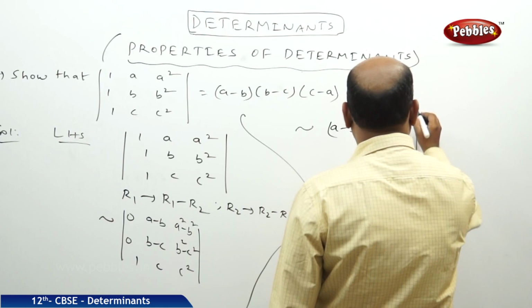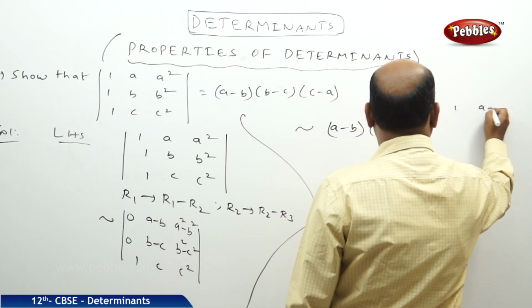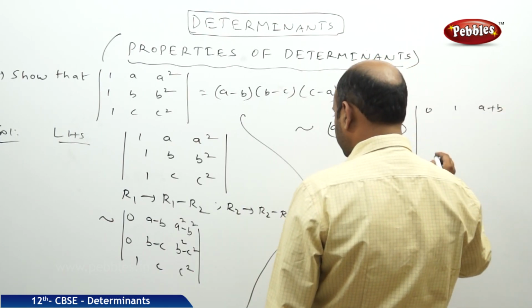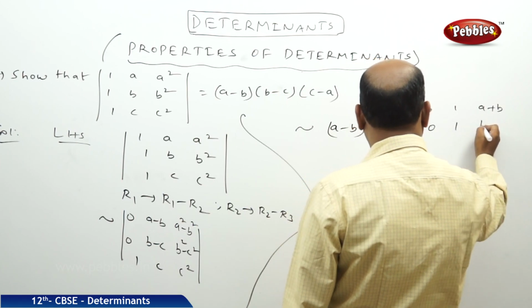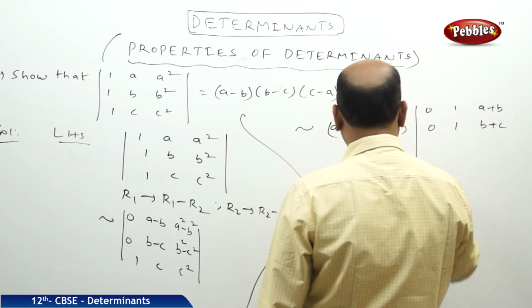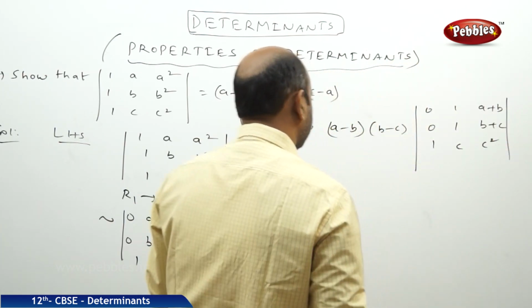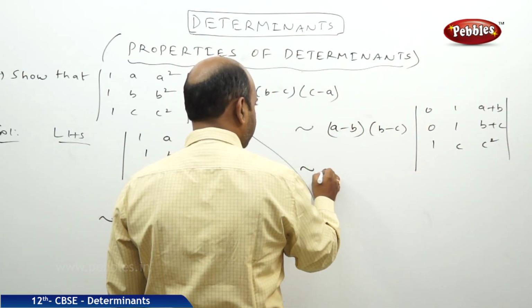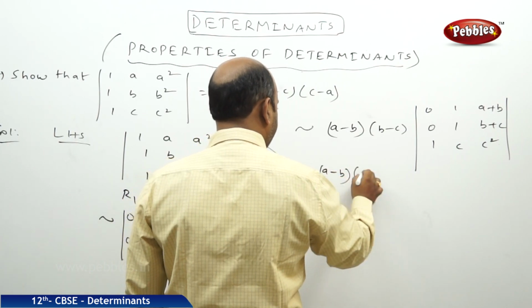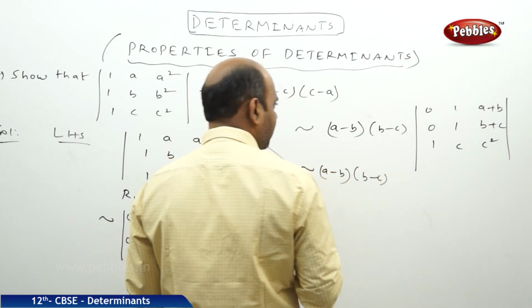So what happens? 0, 1, a plus b, and here 0, 1, b plus c, and here 1, c, c square. So finally we get (a minus b)(b minus c)(c minus a).